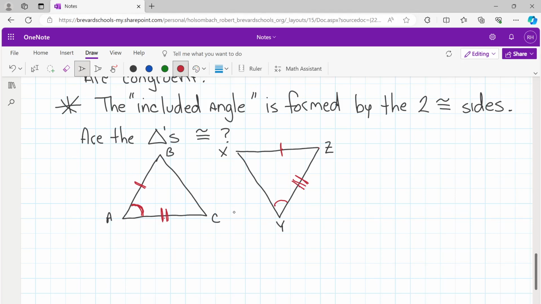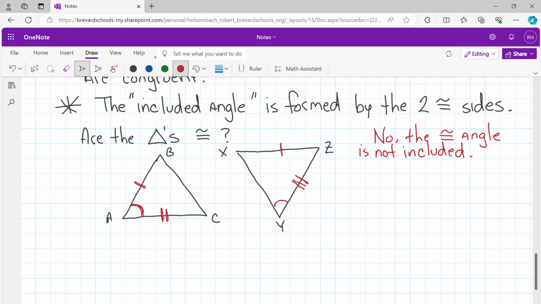So as this picture sits, this would be a no, wouldn't it? All right. So as this sits, are the triangles congruent? No. The congruent angle is not included. The included angle is not touching the two congruent sides.